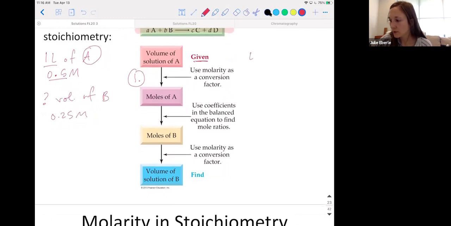So in this step, you're going from liters to moles. And that's because molarity equals moles per liter. Step 2 is you're going to use the coefficients in the balanced equation to get a mole ratio. Y'all have done this so many times. So that should not be anything surprising or confusing how to do a mole ratio.